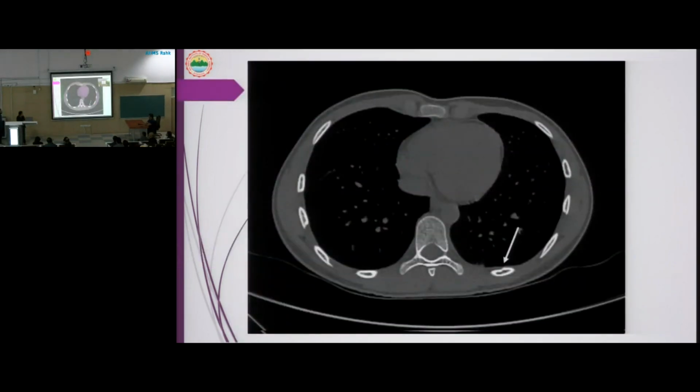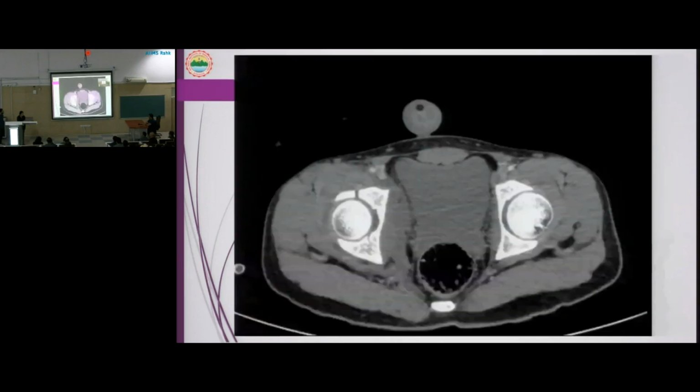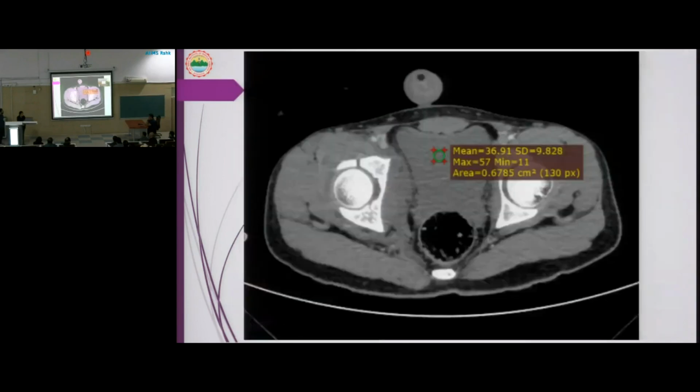In the bone images, we can see a fracture, that is a cortical breach, in the 9th rib, and a similar fracture in the 10th rib of this patient. We can see a hyperdense fluid collection in the pelvis. Upon measuring, the density of the fluid was about 57, signifying hemoperitoneum.